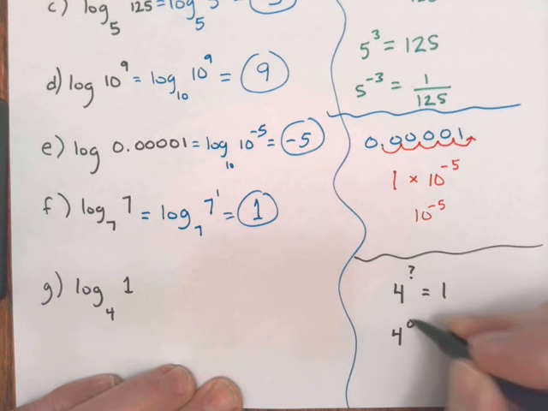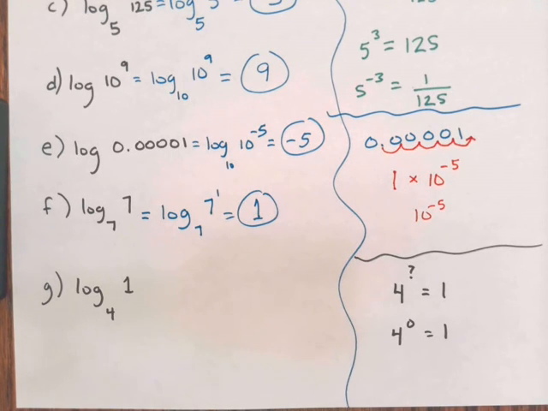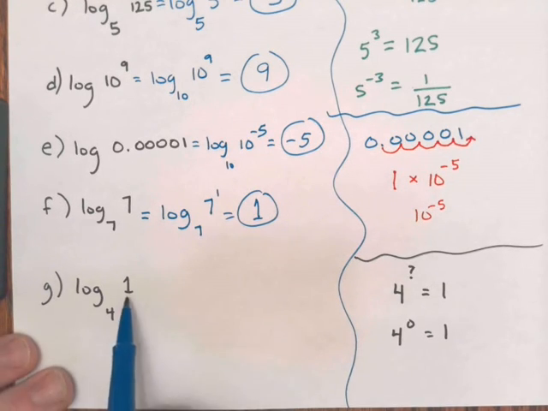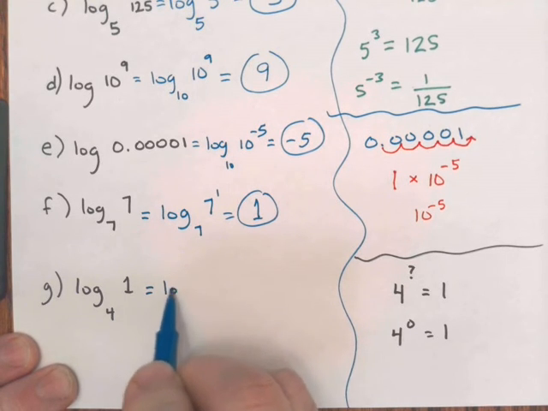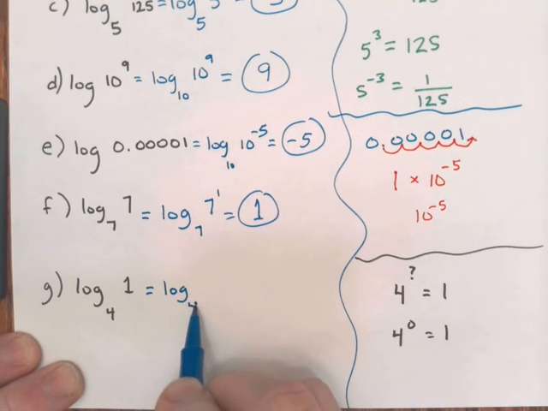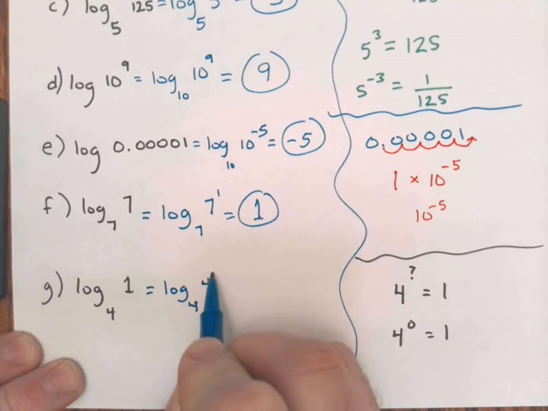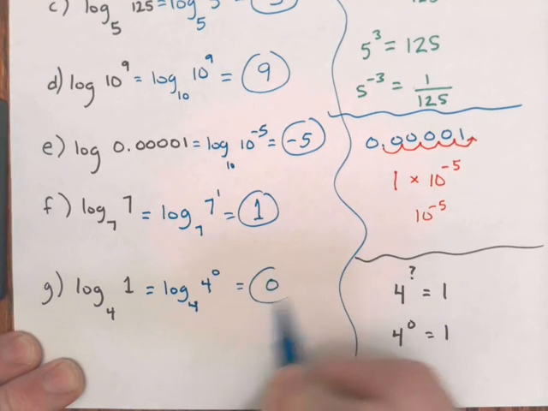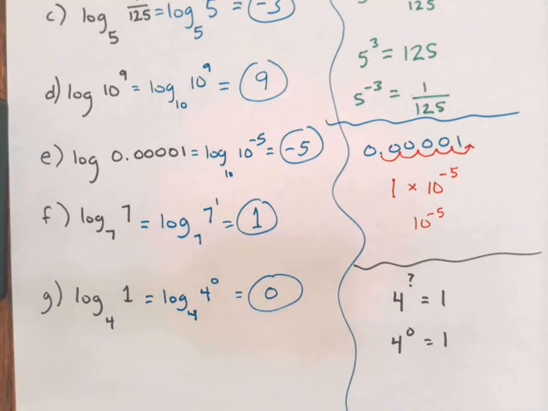Well, anything to the 0 power is equal to 1. So you can take the 1 that's here and rewrite it as 4 to the 0 power. So this would be log base 4 of 4 to the 0 power. So using our property, we would end up with 0 for an answer on that one.